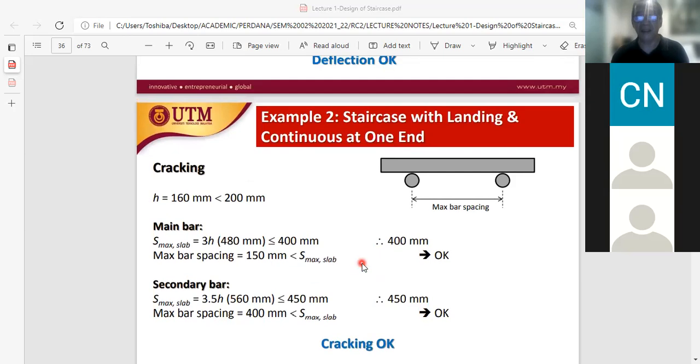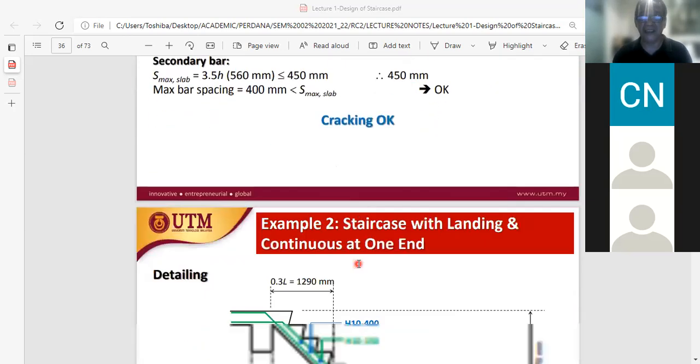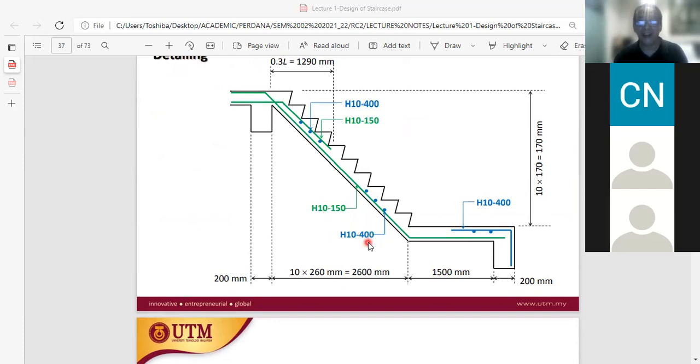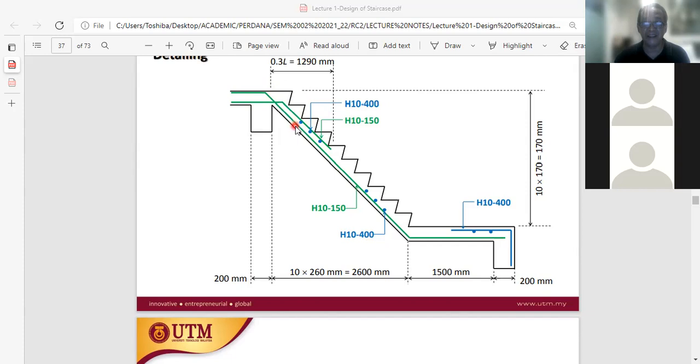So bermakna the spacing of reinforcement, the main bar yang hijau ni, and the blue bar, which is the secondary bar, complies with the maximum allowable. It does not exceed the maximum allowable spacing. Right? So finally kita dapat ni lah. Cuma remember, we still need a top reinforcement over on the left hand support di sini. There's still a top reinforcement di sini.